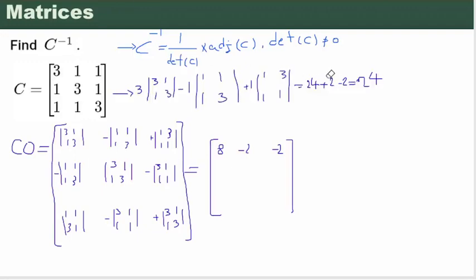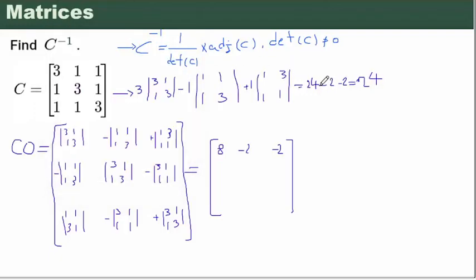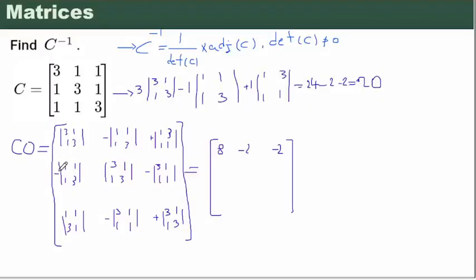So here I made a mistake. It was negative 2, and negative 2, negative 2. It would be 20. The determinant of this matrix would be 20.